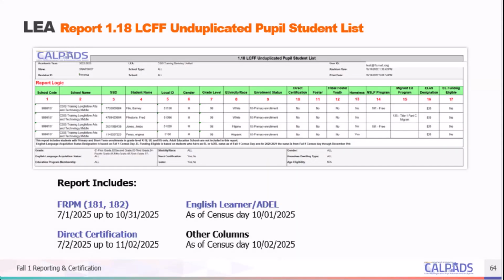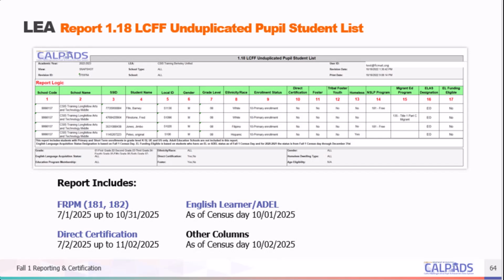And so here you have the supporting report 1.18. You have the student's name, their school of enrollment, gender, grade level, ethnicity, and then you have your different buckets, right? And so a student may be yes, homeless, and also have a 181 free reduced record.